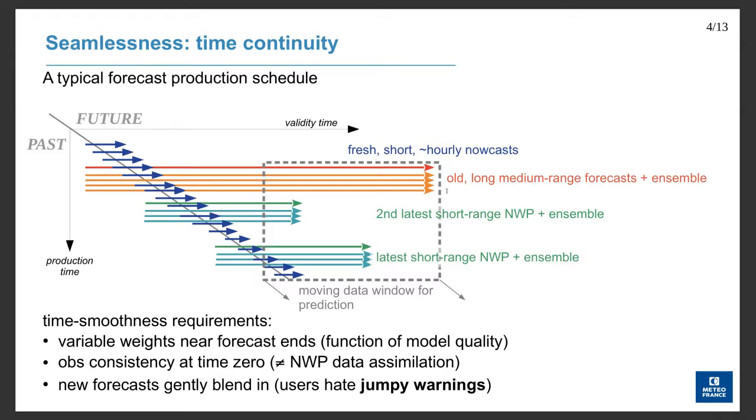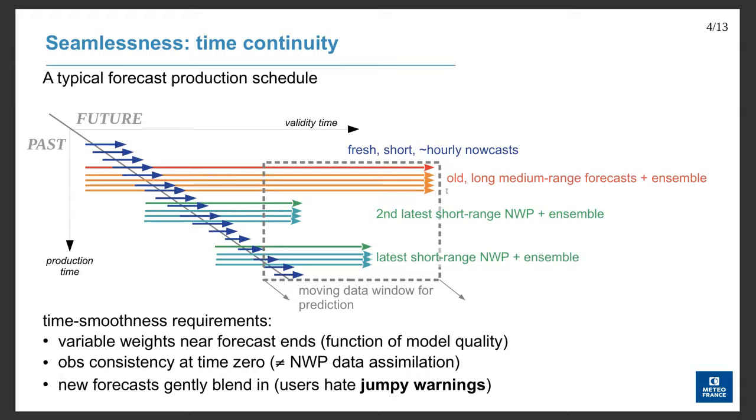So when elaborating an end user forecast, we would like to combine all this information in a data window represented here in the dash gray. And in that window, we treat all the up-to-date forecasts as an ensemble. Some arrows are shorter than the others. That means that at short time ranges, you will have more members than at longer time ranges. And that window is moving as time goes by, so it's important to minimize the jumpiness in the forecast.